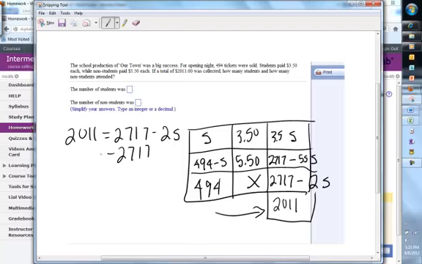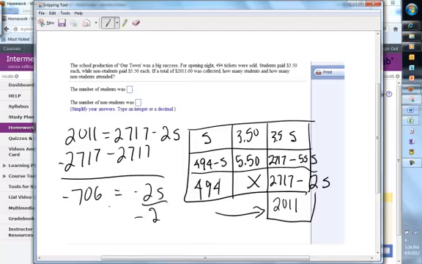Subtract 2717 from each side, and you get negative 706 is negative 2s, so divide by negative 2, and you get the number of students was 353.